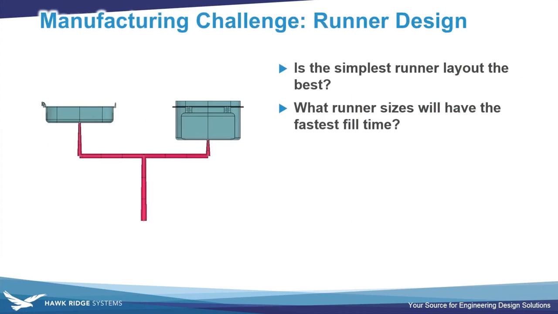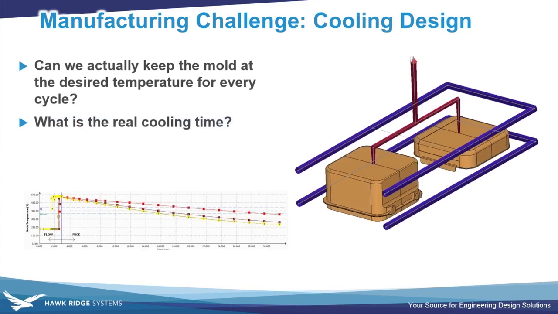So even once we've made sure that the part is designed properly, that the mold has the right layout, the runners are the right size, and we have an initial idea of what our cycle time should be, assuming we're able to do the job, we won't really know what the real cycle time is in reality unless we know what the mold itself is doing and what the temperatures of the mold really are. And this turns out to also be very important for things like warpage.